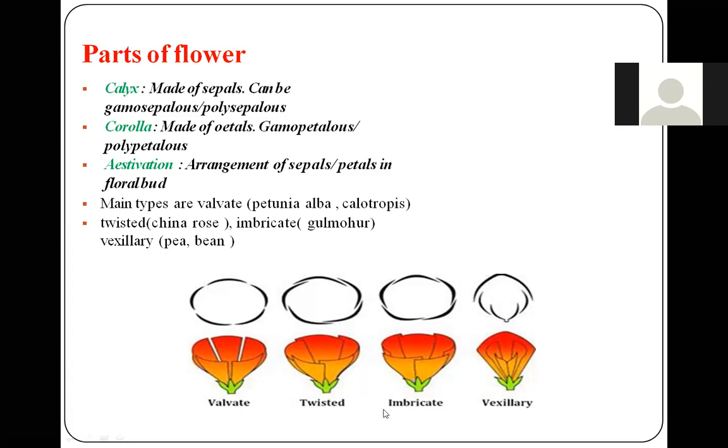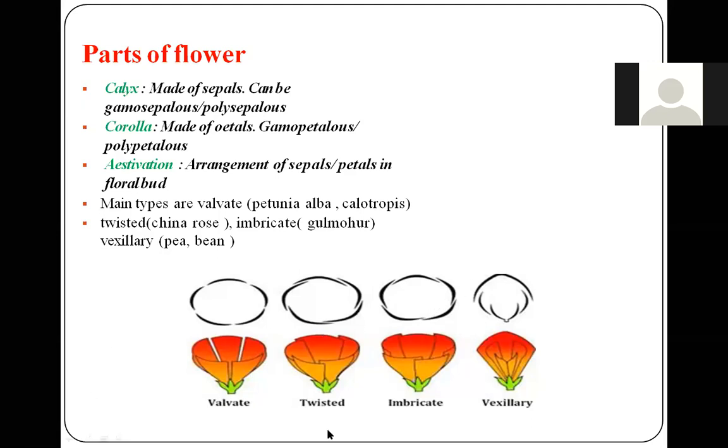The third type is the imbricate estivation, where no proper or same type of overlapping is observed. In twisted there is one direction which is seen, right? But in the imbricate, no such direction is common. That means the petals are overlapping each other in any direction.